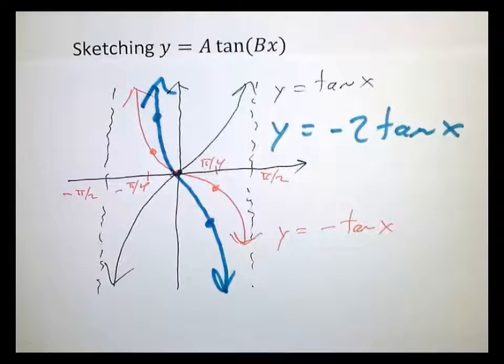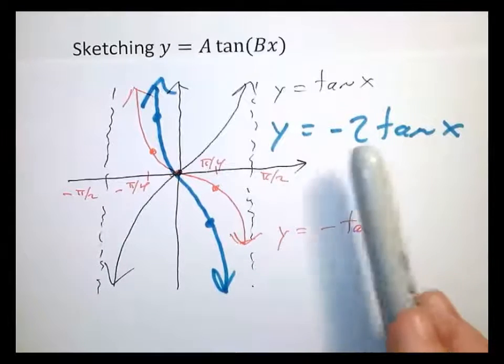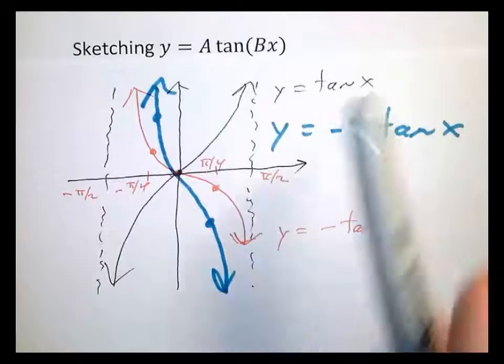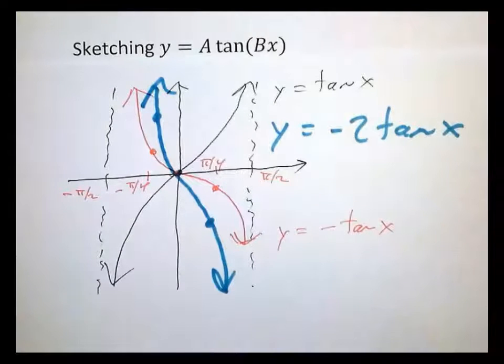So I can think of this twofold to get the blue graph here. One is I negate the function tangent, so that flips it about the x-axis, and then I stretch by a factor of 2. And that's how A is going to affect these things.